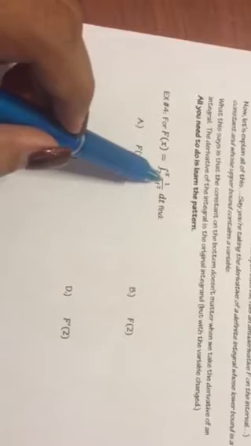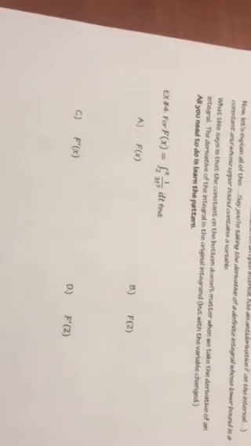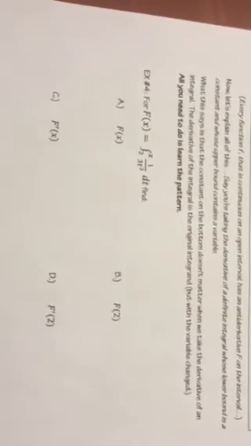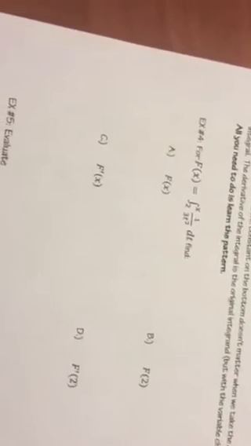For F of x, that's equal to the integral from 2 to x of 1 over 3t squared dt, they're asking us to find F of x first. Well, there's no derivatives of integrals here, so simply we're going to integrate it. We pull out the constant, which is 1/3, and then we bring up our t squared to be negative.